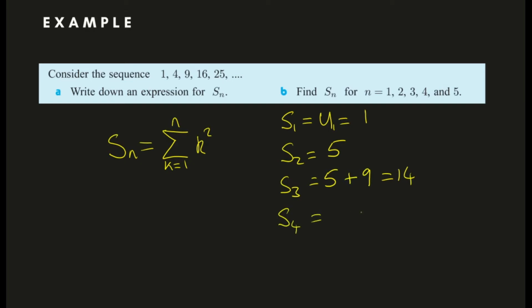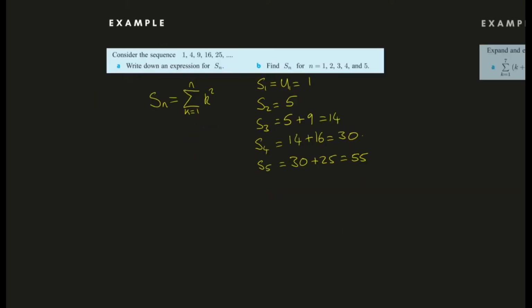S4, with the sum of the first 3, we've already got that, plus the fourth term, 16. So this is going to be 30. And then we've got S5 as well. Well, that'll be the original 4 terms that preceded it, plus the fifth term. This is going to be 55. There we go. Okay, so a nice simple question to get us understanding that series notation.